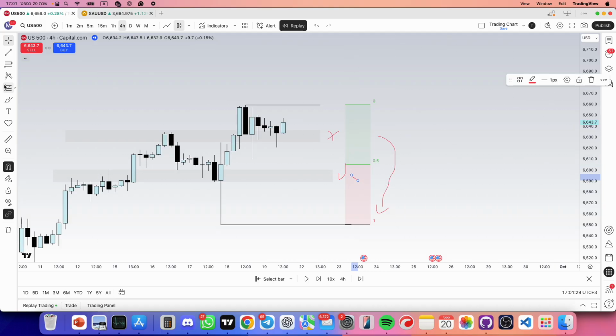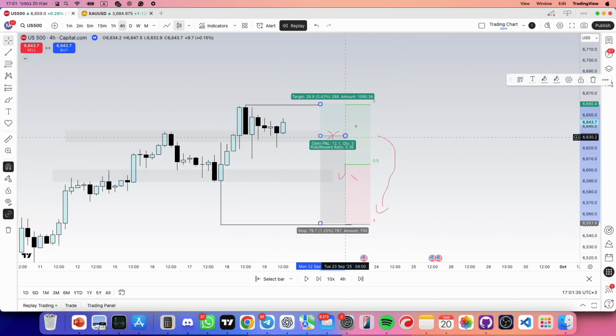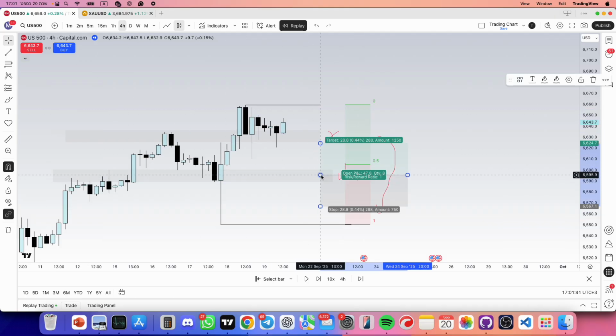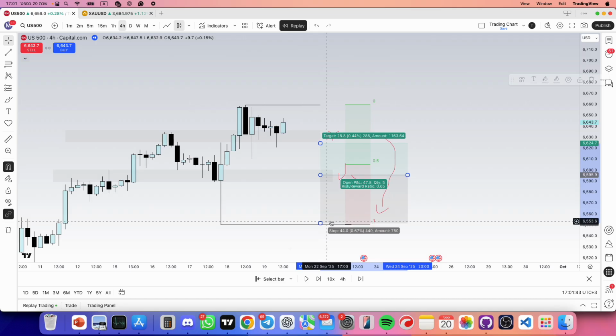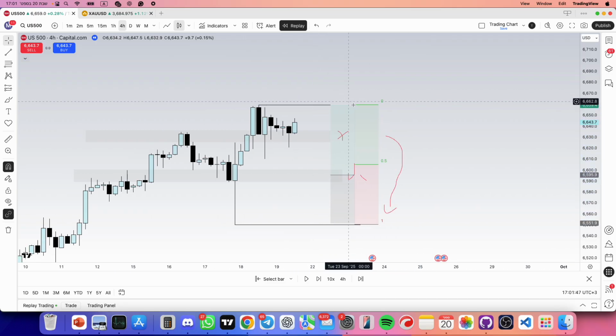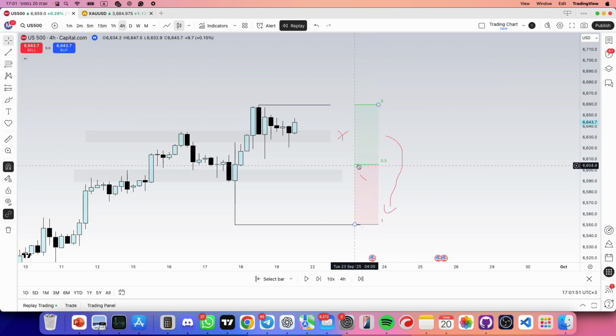So retail won't enter a position like this, but on the other hand, this is a position that retail would like to enter. Now, what do we understand from this? If price returns back to this support, retail will buy in, right?